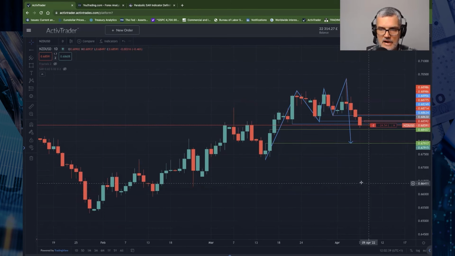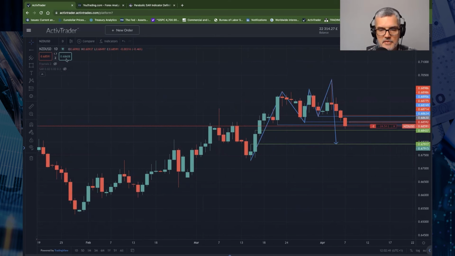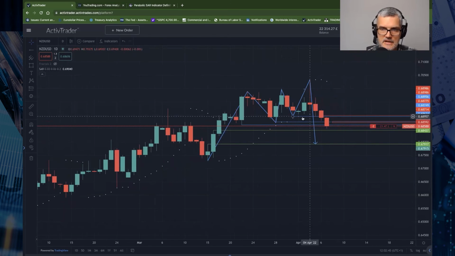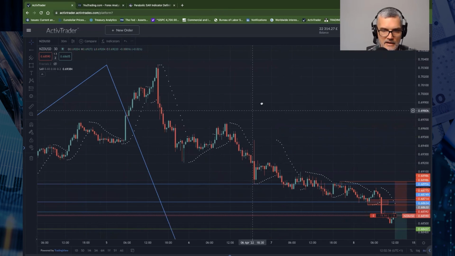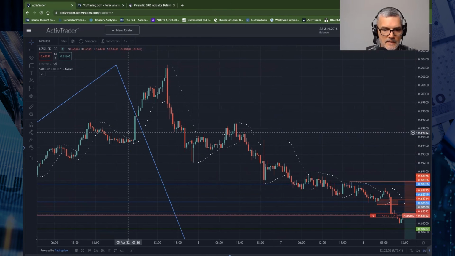Right, so that's how you could identify these type of trades early with the Parabolic SAR, the stop and reverse. The market gave us an indication that this trade might be on the 5th of April. If we just go back to the 30-minute chart and scoot back to the 5th of April. So the 5th of April, it's here.